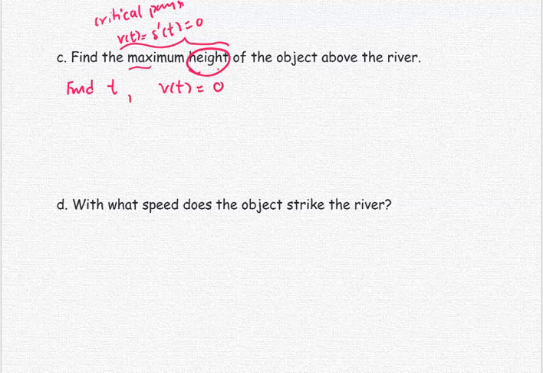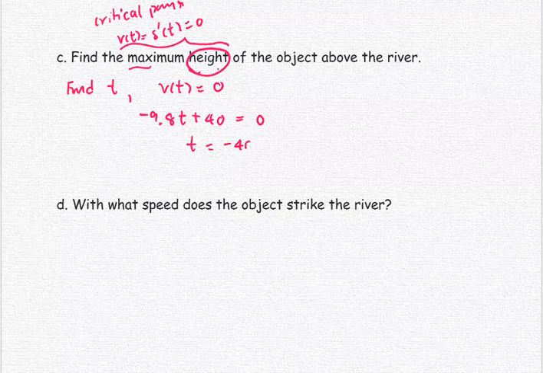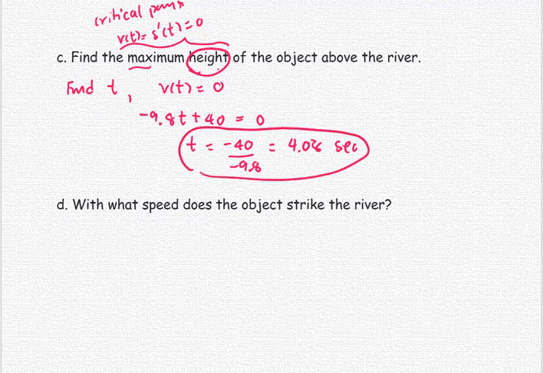From part A, the velocity function is negative 9.8 times t plus 40. Now we let it be 0 and then solve for t. t is negative 40 divided by negative 9.8, and it comes out to be 4.08 seconds. So this is the time that the object will reach the maximum height.